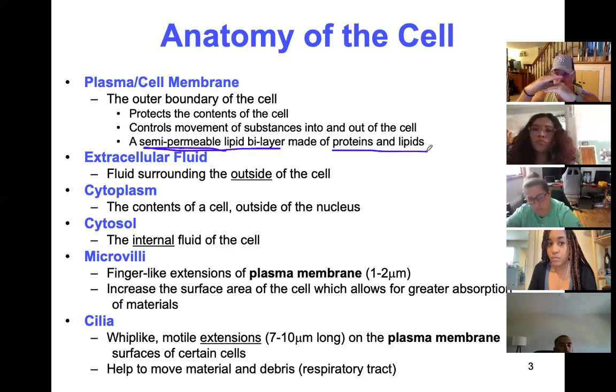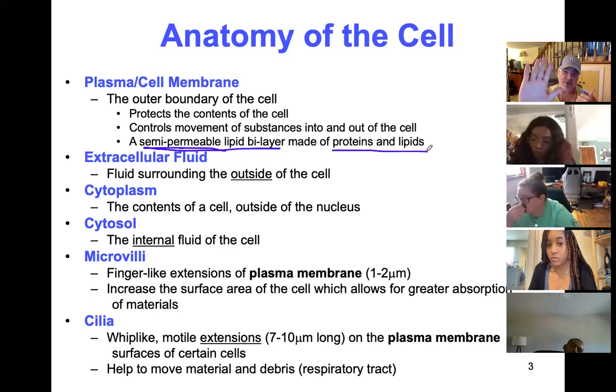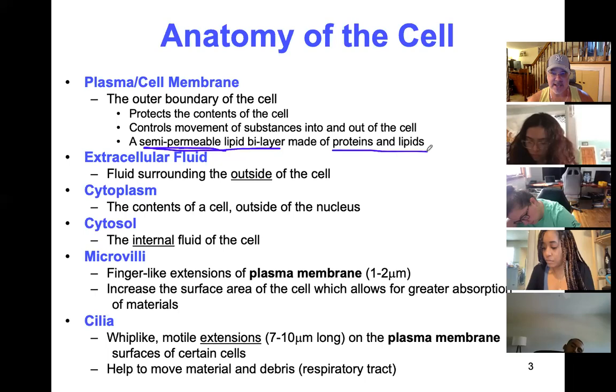And the inner part between that membrane where the lipids are is hydrophobic. Doesn't like water too much. And that's what makes the plasma membrane selectively permeable. It's saying, hey, you guys can come in, or no, we don't want you in, right? That's what selectively permeable means. It tries to decide what comes in and what should stay out.